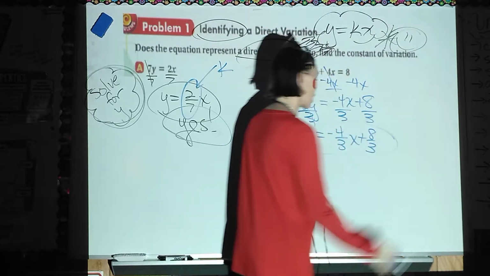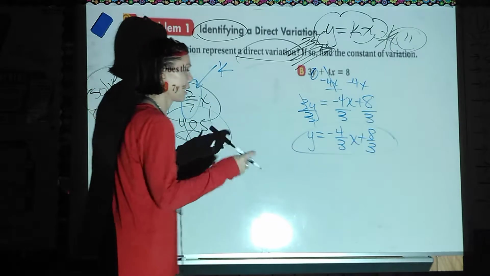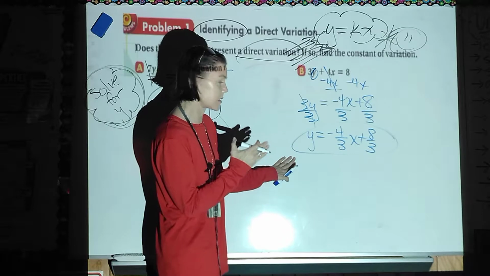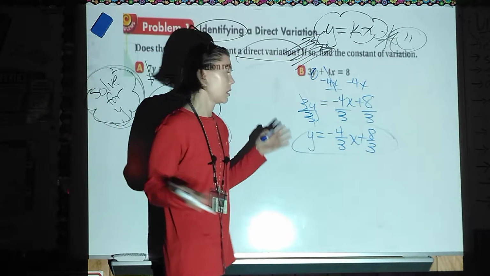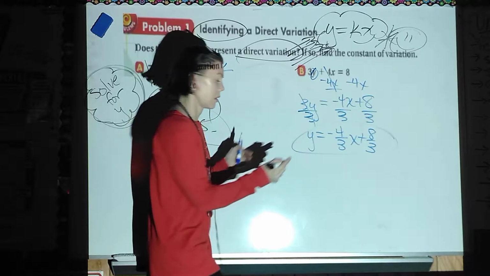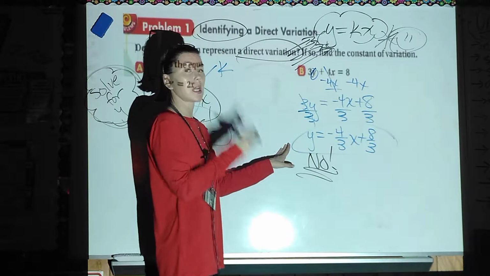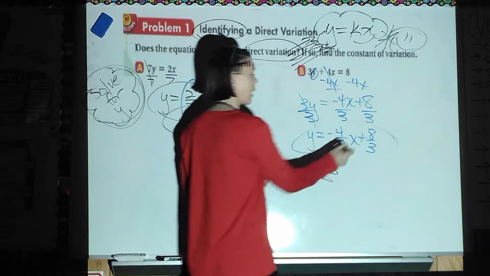Here's our answer. Does this equation look like y equals kx? No. Therefore, this is not a direct variation. What was the dead giveaway?